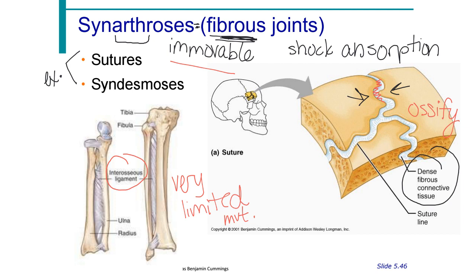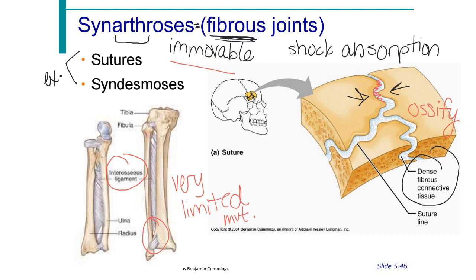Very limited movement here. Some examples would be the coracoacromial joint, basically a joint in your shoulder, near the tip of your shoulder. And then the distal tibia and fibula. You can see the fibrous band down there holding those together.